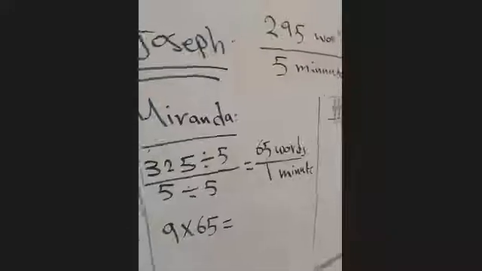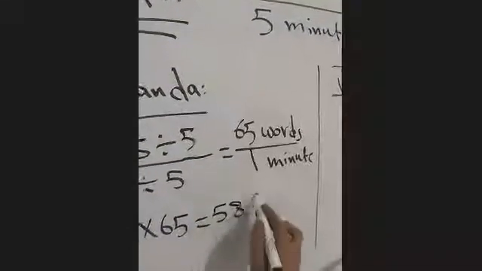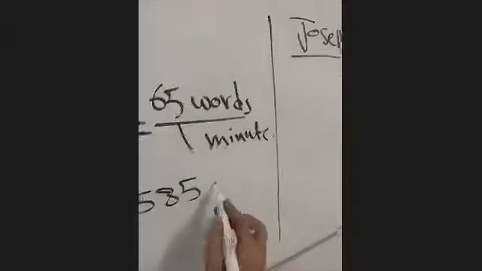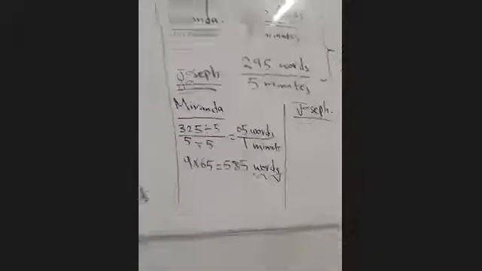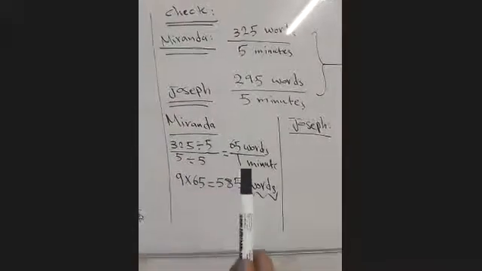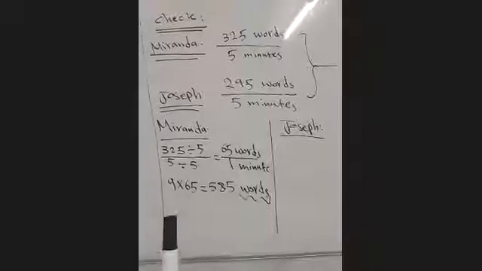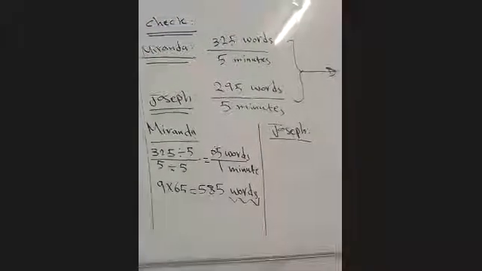So 9 times 65 is 585 words in 9 minutes. So Miranda, in 1 minute, can type 65 words. In 9 minutes, she can type 585 words.